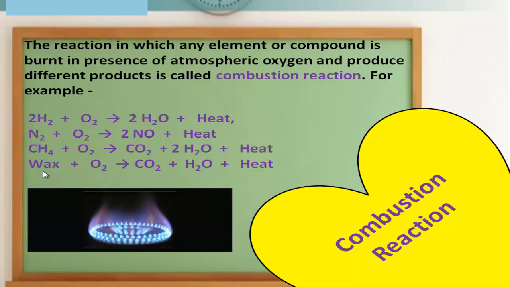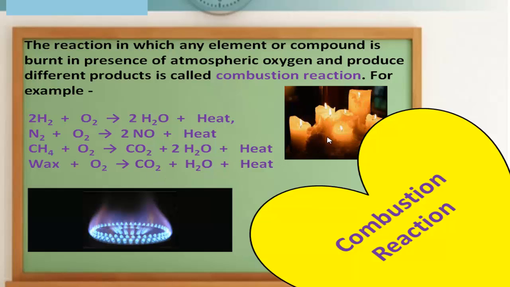And also wax: when wax reacts with oxygen, it is also a combustion of wax. When we see the combustion of a candle, it is also a combustion reaction of wax. So when a candle is lighted, this is actually a combustion reaction of wax.